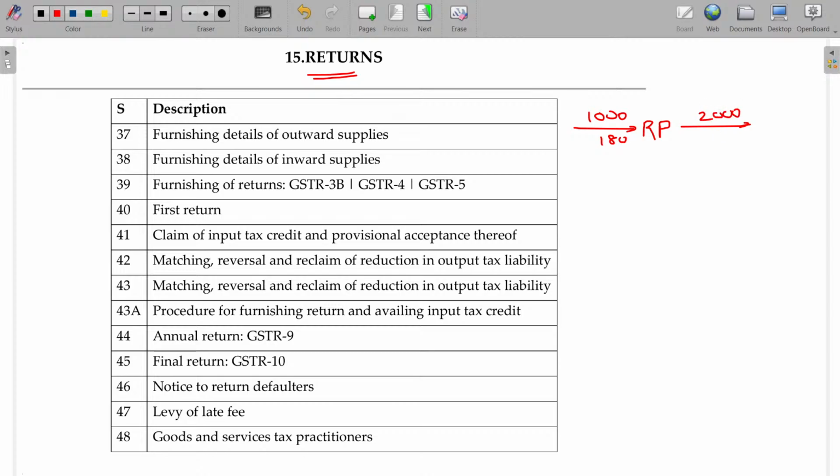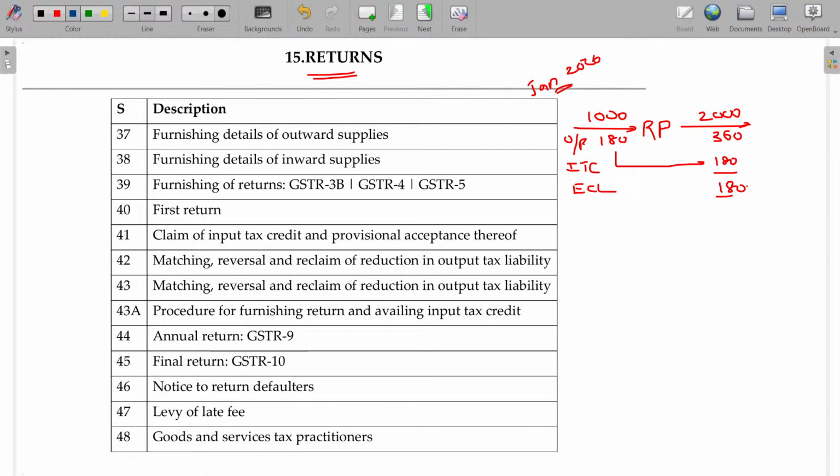Sales 2000 rupees by collecting GST 360. After adjusting this 180, the balance will be payable. This is output tax. This will be ITC. This will be the tax payable under the electronic cash ledger. Hope this happens in January 2026.